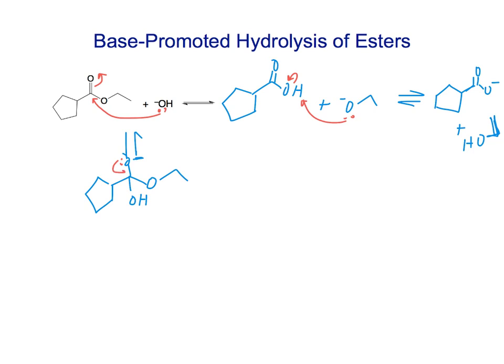So these electrons can just come down directly and kick out ethoxide. And this goes straight to these products right here. Okay, so we have the OH still on there. That goes straight to the carboxylic acid. Kick out ethoxide. And then once those are formed, we do an acid-base reaction that gets to these final products.